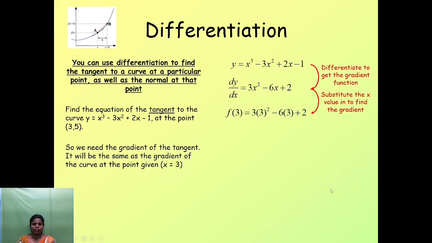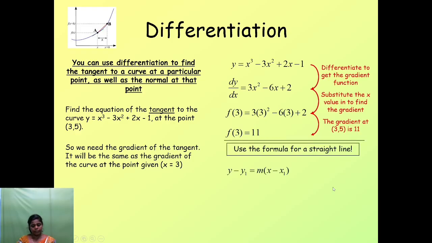Then we substitute the value in f of x. So x equal to 3, the point, we substitute in dy by dx. So f dash of 3 equal to, instead of x we substitute 3. So 3 into 3 square minus 6 into 3 plus 2. So 3 square is 9, 9 into 3 minus 6 into 3 plus 2, we get 11.